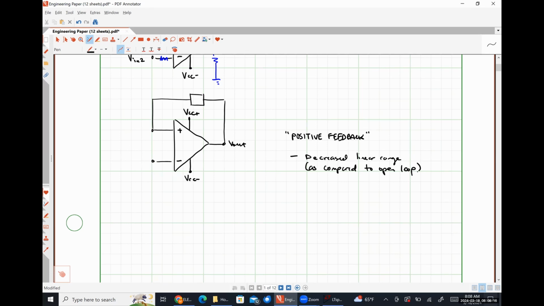So what is the consequence of this decreased linear range? It will practically always be in either positive saturation or negative saturation. It will pretty much never work as a linear voltage amplifier.